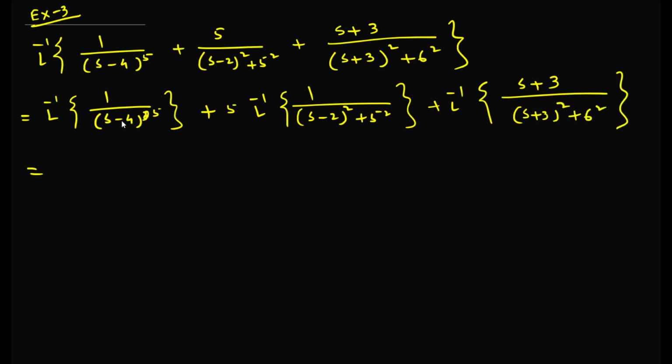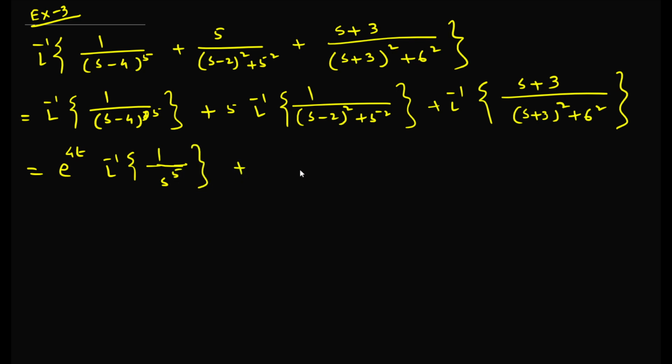So here you see what a is, it is plus 4. So we are going to write e to the power 4t. Then it will become 1 divided by, this will vanish, in place of s we have to write s plus 4, 4 cancels, you will get s to the power 5.